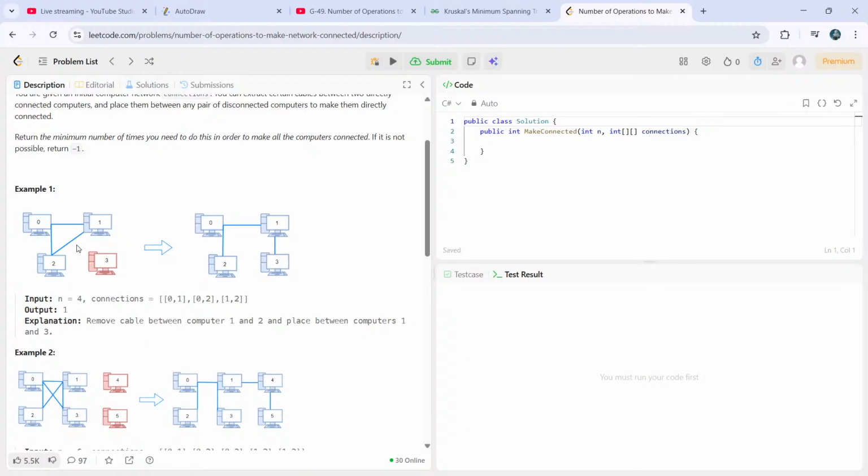By reading this problem, what is coming into my mind?